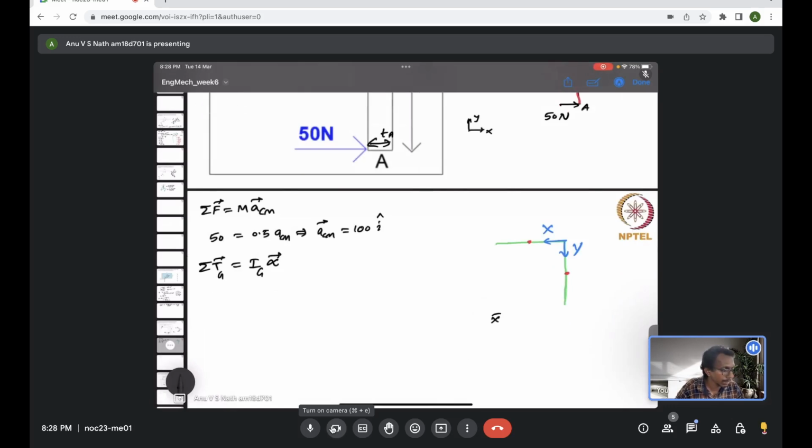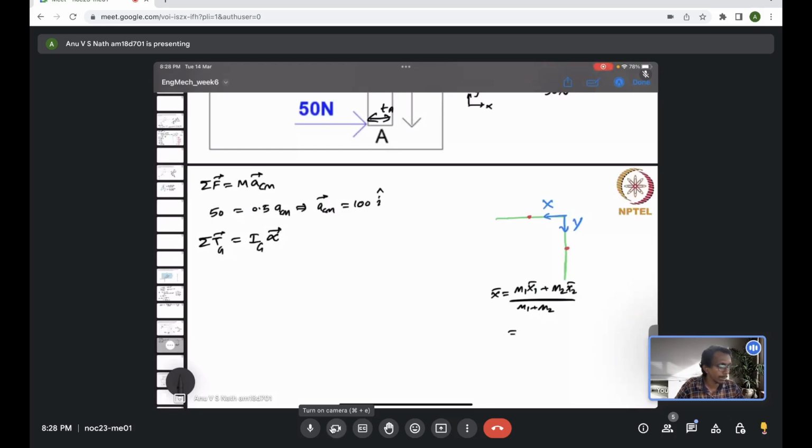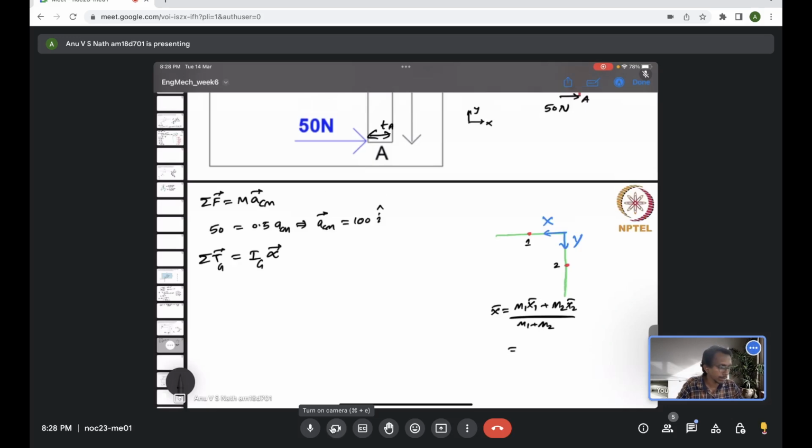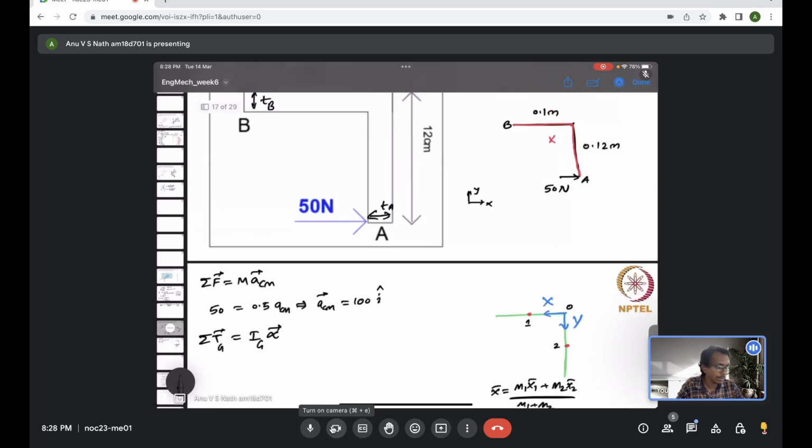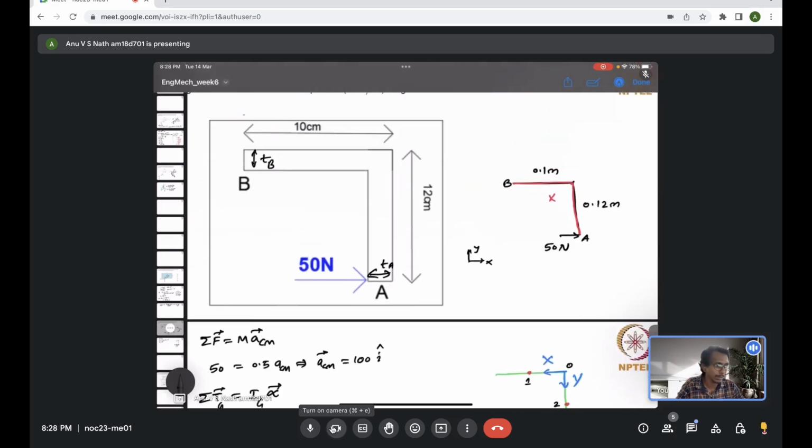So x bar is m1 x1 bar plus m2 x2 bar, the whole divided by m1 plus m2. Let's say this is the first body and this is the second body. The mass of the first body is 0.25 kilogram times x1 bar. x1 bar is the distance from this origin O to point 1, the center of mass of the first body, which is half of the 10 centimeter, just 5 centimeter, right?